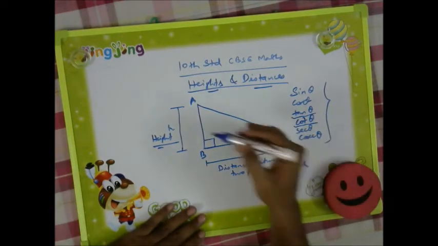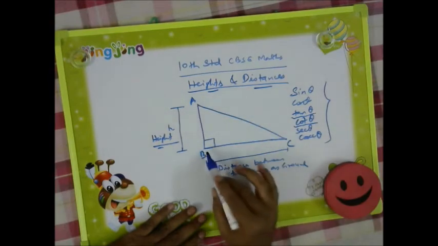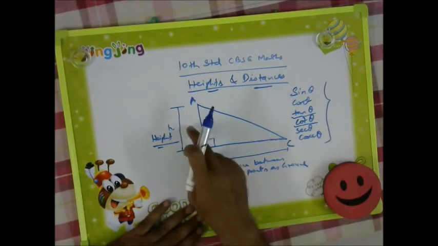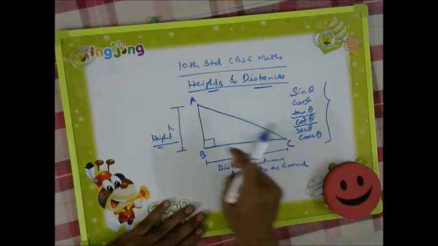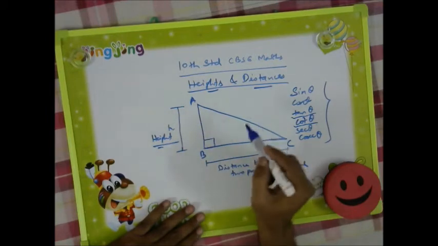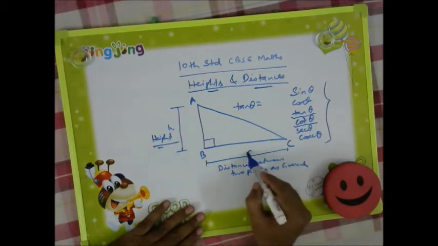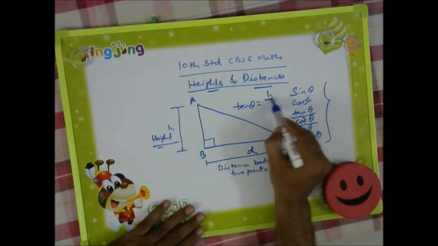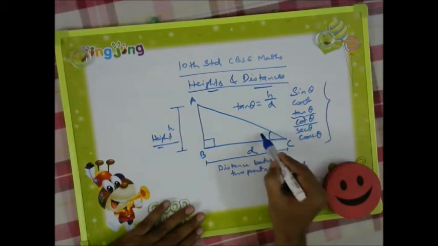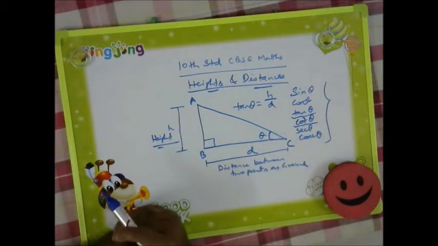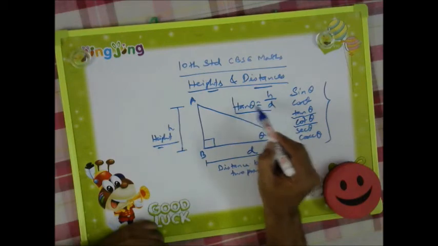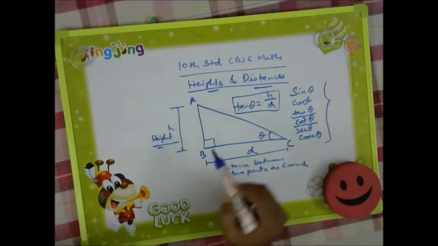Because tan theta is AB by BC. So there will be some relation between this height and distance. Here, if suppose this distance is d, so h by d, and this is the angle theta. So this tan theta is mostly used.